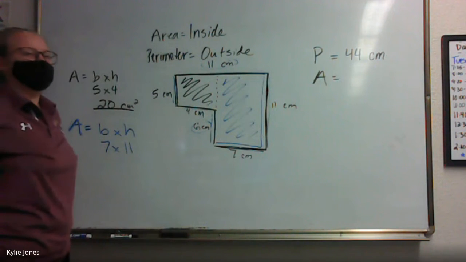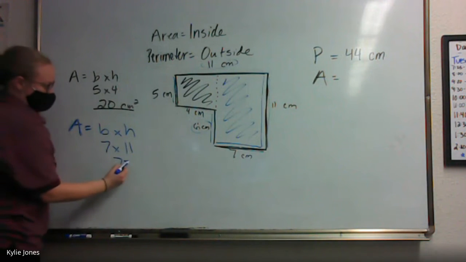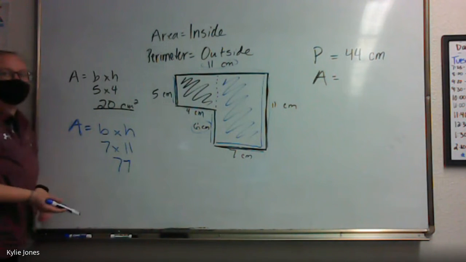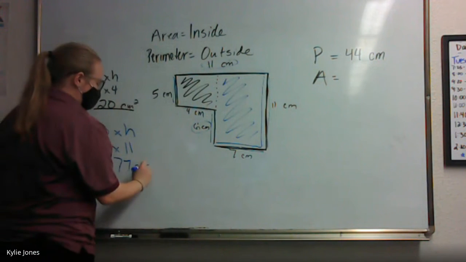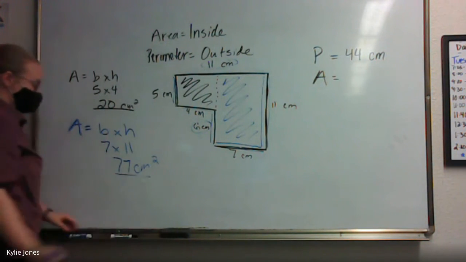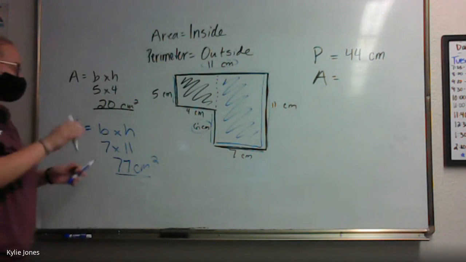Does that make sense? Yep. So 7 times 11 is what? 77 centimeters squared.